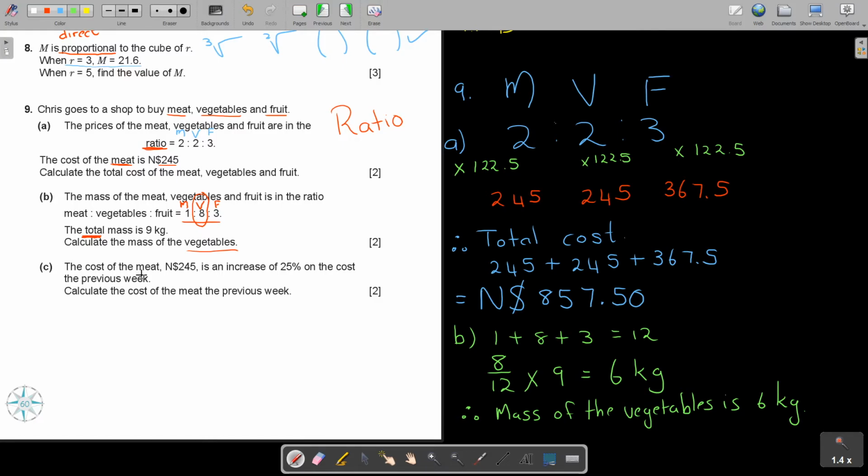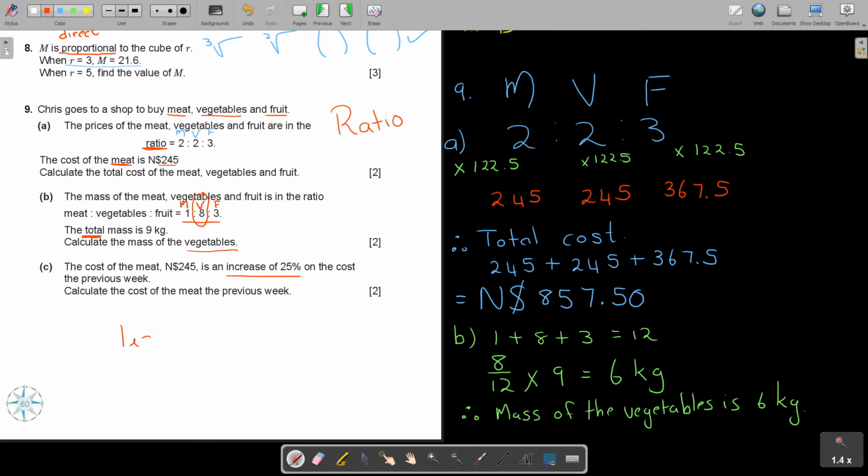The cost of the meat, 245, is an increase of 25%. And what I'm just focusing on, increase of 25% at the cost of the previous week. Oh, so what can you see? You can see that this is percentage. Now let's just go back to percentage. And it's increase. Now, I want to show you. If they say of the previous week, so this was the previous week.